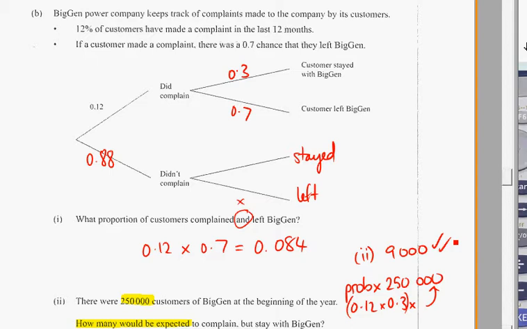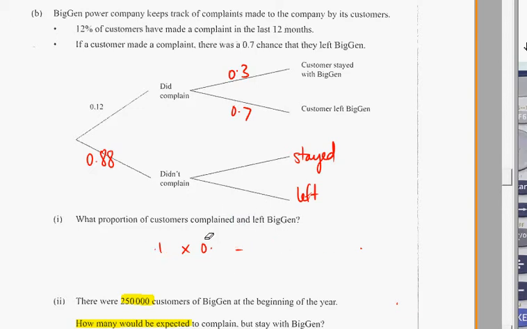Right, I don't want to lose the tree at this stage, but I might just erase some of these answers, so I hope you have written them down. We might need to use some of this working space for part 3. Right, so part 3 says the percentage of customers leaving over the last 12 months was 10%.